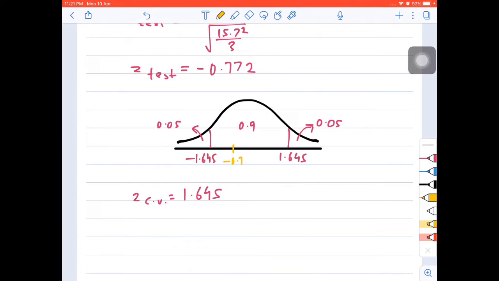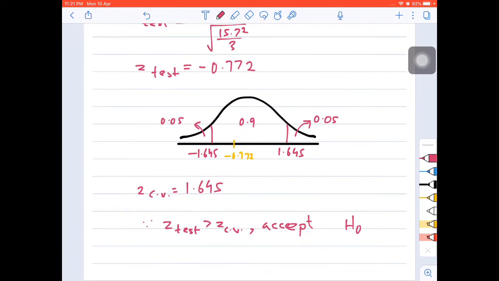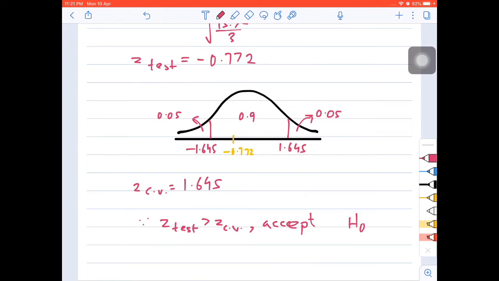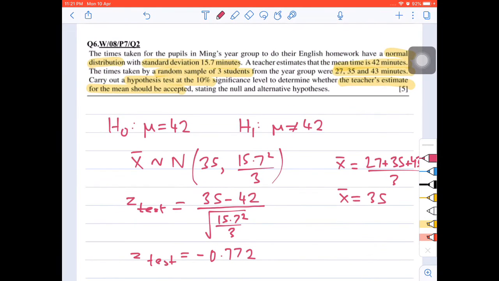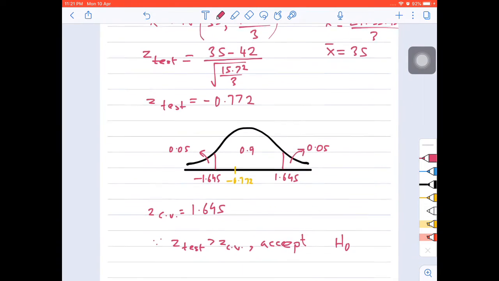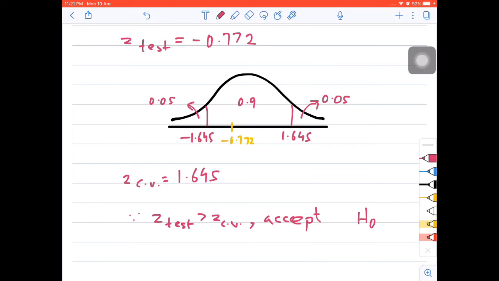So we can write that since z test is greater than the negative z critical value, accept H0. We were testing whether the teacher's estimate for the mean should be accepted. So we have accepted H0, so we can say that the teacher's estimate should be accepted. So there is insufficient data to reject the teacher's estimate.